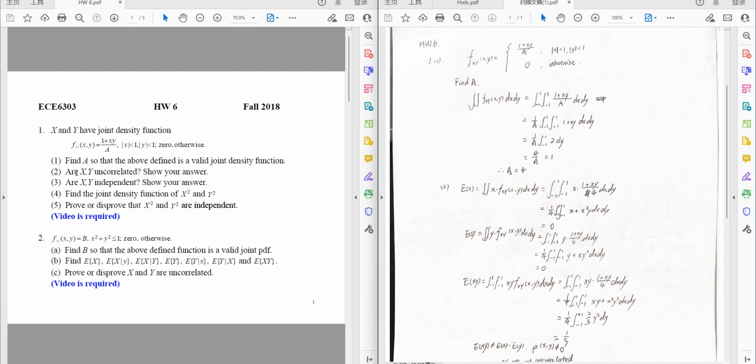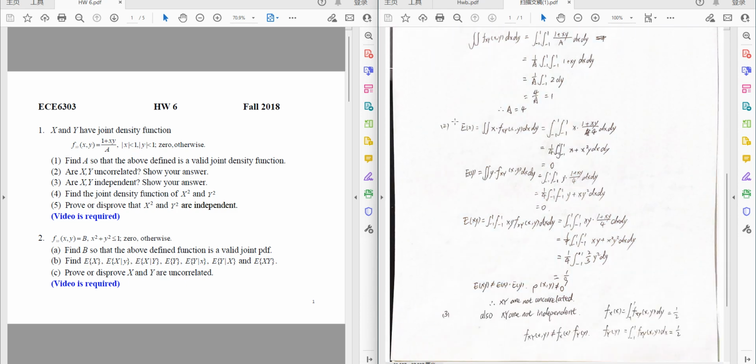And then we need to know if x and y are uncorrelated. We can determine this by calculating the correlation coefficient, which can be calculated from the expectation of x, of y, and of x and y.